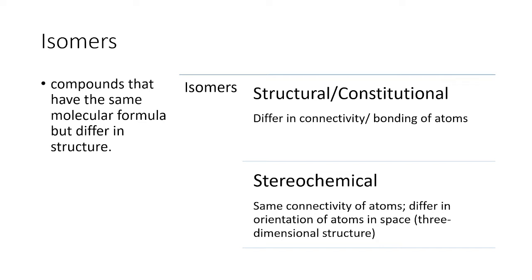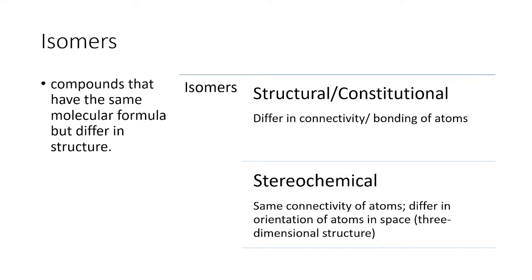In our last video on organic chemistry, where we talked about alkanes, that type of isomer falls under structural or constitutional isomers. For structural isomers, we have three types.